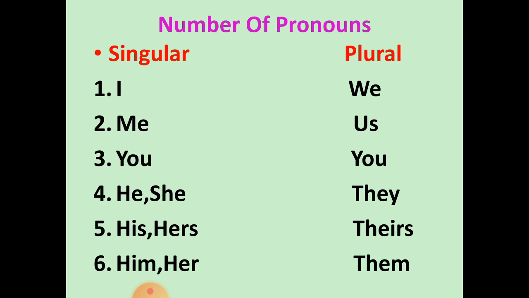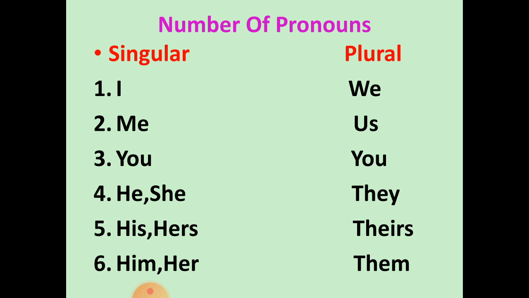You becomes you; you is used for singular as well as for plural. He, she, they change to they. His and hers, plural of his and hers is theirs, and plural of him and her is them.